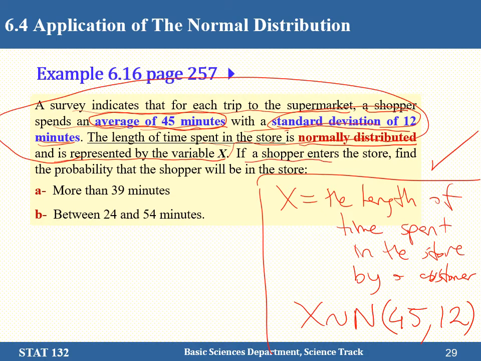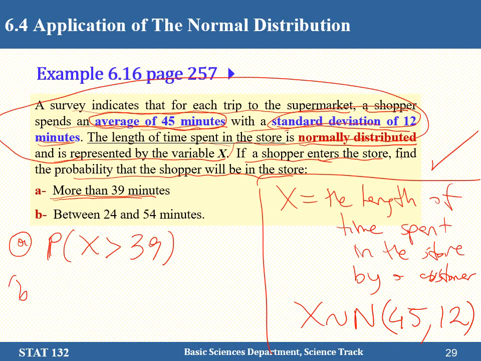If a shopper or customer enters the store, find the probability that the shopper will be in the store more than 39 minutes or between 24 and 54 minutes. So basically, in A, the probability asked is: what's the probability that X is more than 39?